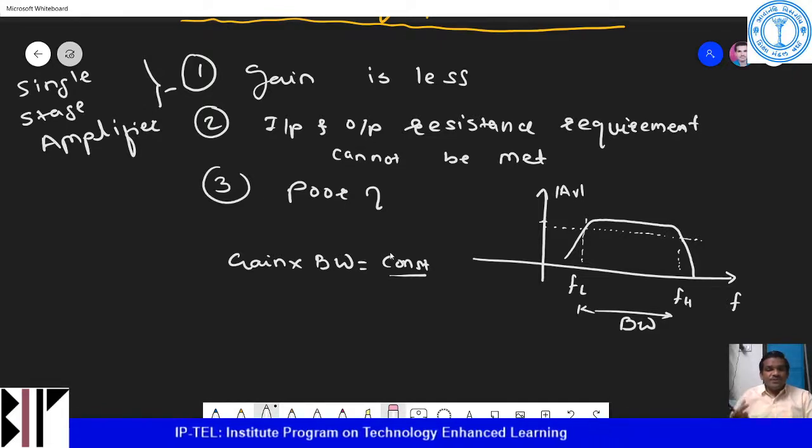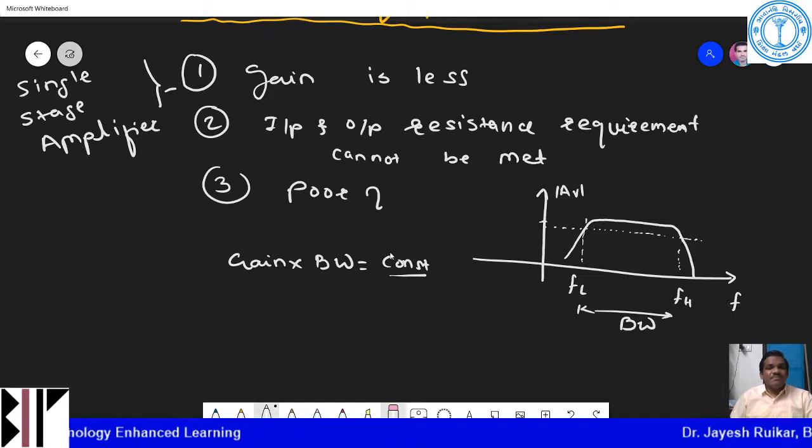In order to achieve this, we need a cascading of a number of amplifier stages. Cascading of a number of amplifier stages is nothing but the multi-stage amplifier or cascade amplifier.